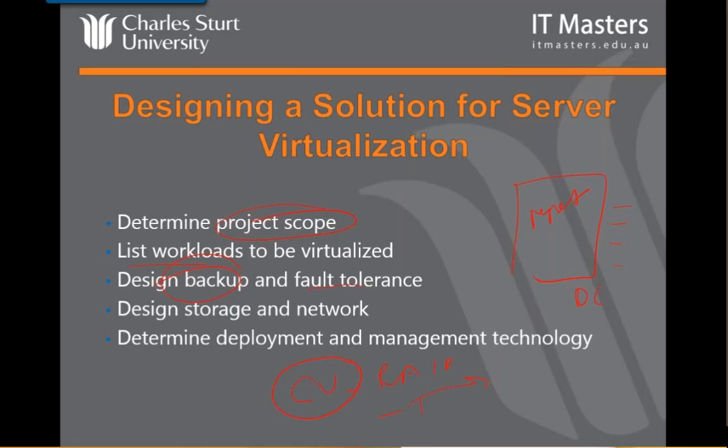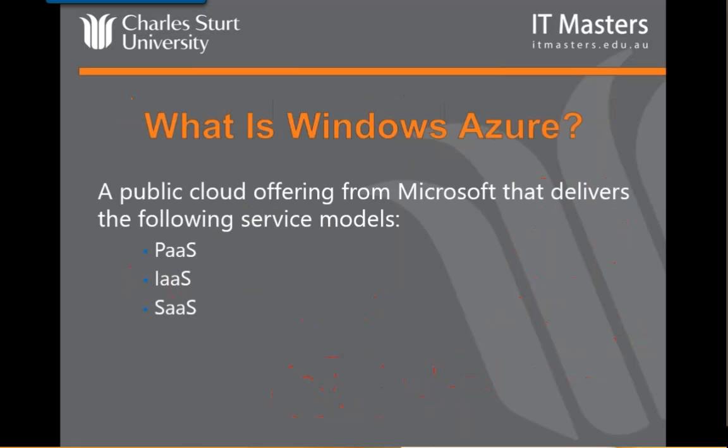Then we talked about NIC teaming, for example. What if one of your NICs dies, how can you have NIC teaming inbuilt to have your networking up and running? So all of this is going to be based on your project scope, where you can determine your deployment and management technology.